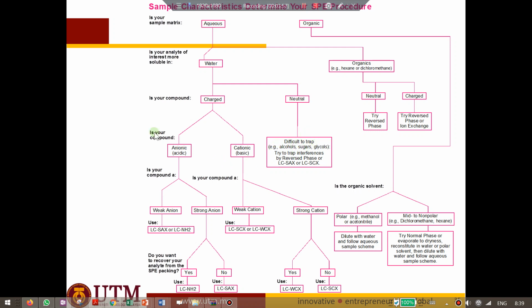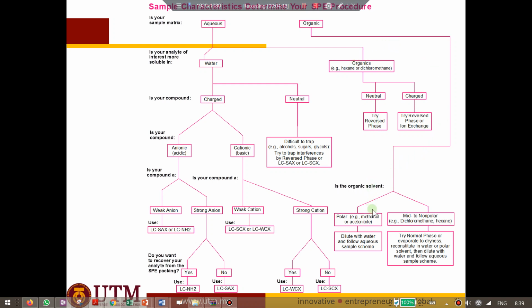Okay, that's why I'm feeling very weird why they don't mention the normal phase. But if we can see over here, if you dissolve in organic neutral, then you try the reverse phase. This is correct.